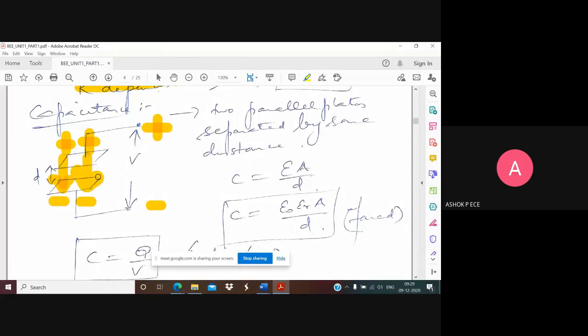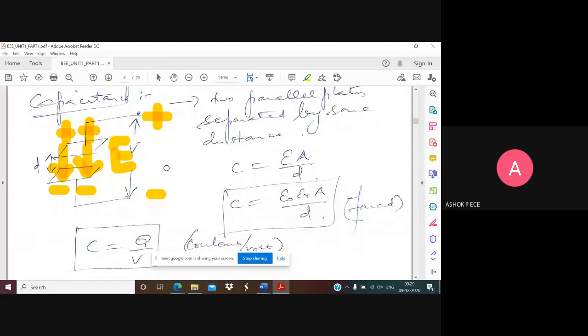Electric lines of force start from the upper plate and flow towards the lower plate. So an electric field is set up at this juncture. Capacitance gives rise to an electric field. The capacitive effect is the production of an electric field.